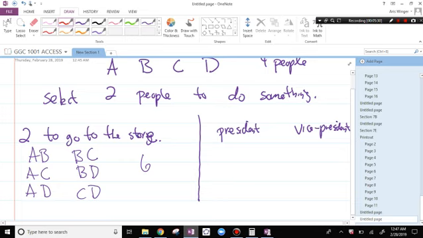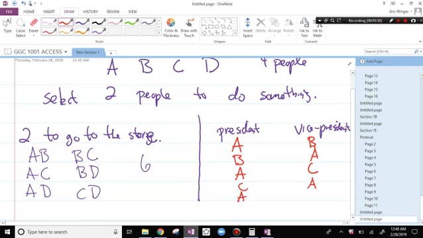Over here, though, it's slightly different, because here A could be president and B could be vice president. B could be president or A could be vice president. You see the difference? A could be president and C could be vice president, or reversed.